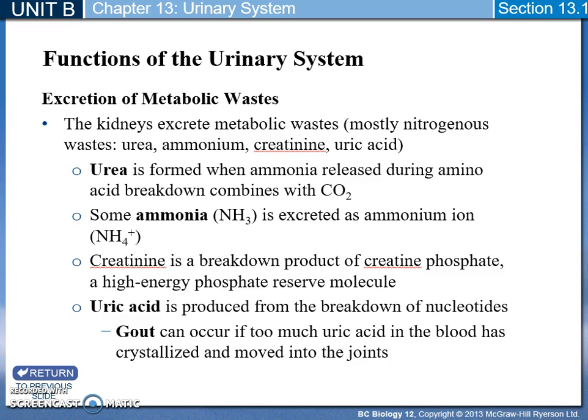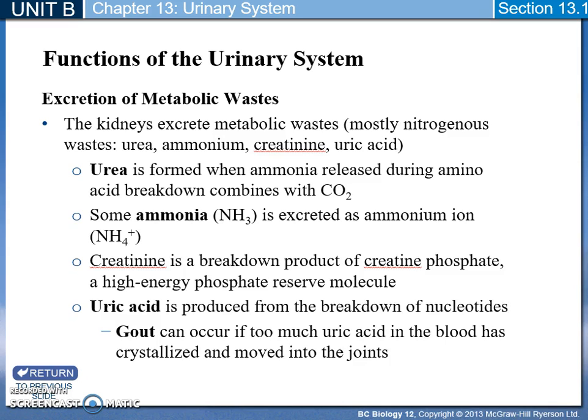So the kidneys excrete metabolic waste, and most of them are nitrogenous wastes, such as urea, ammonium, creatinine, and uric acid.